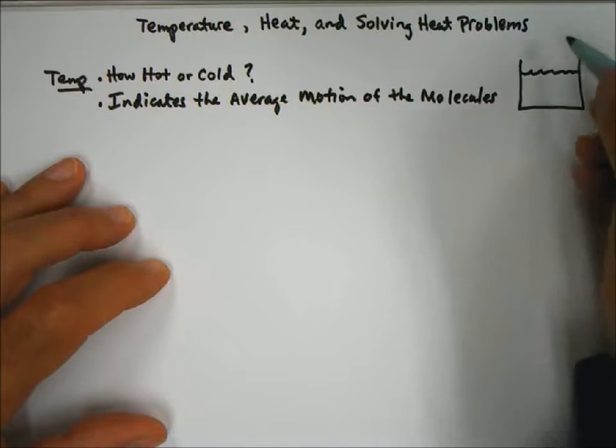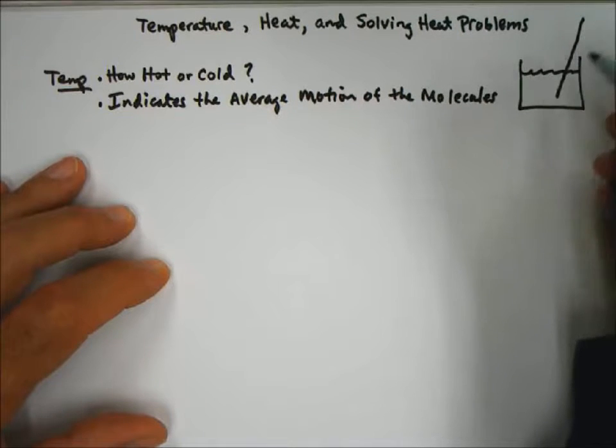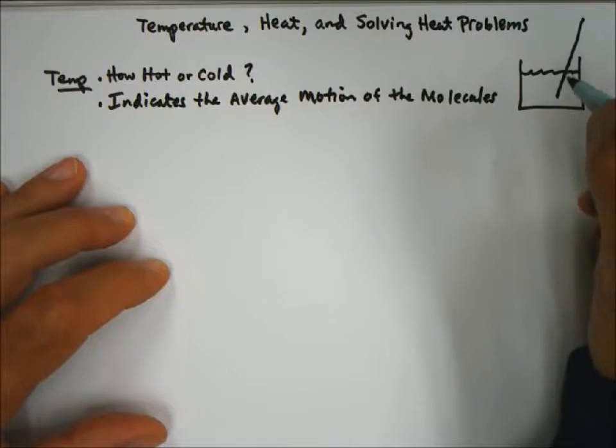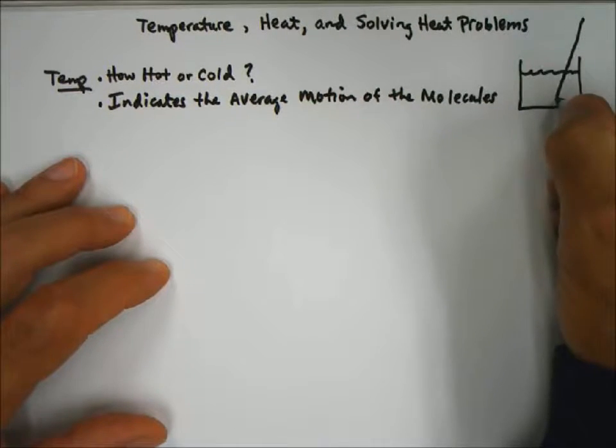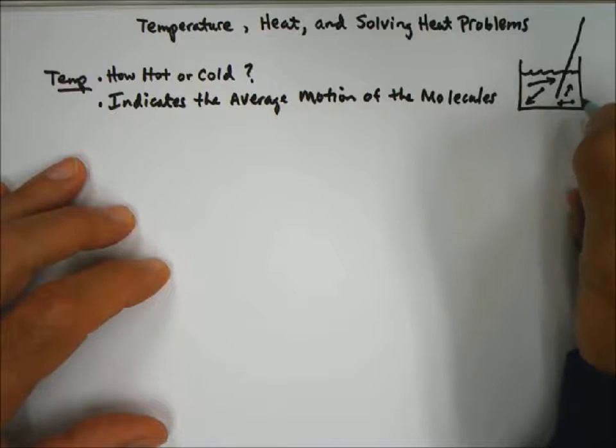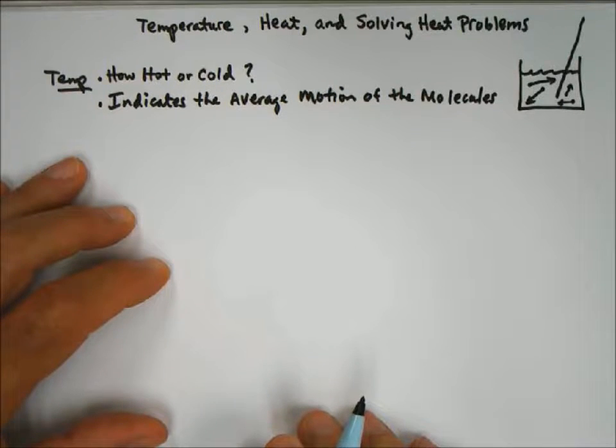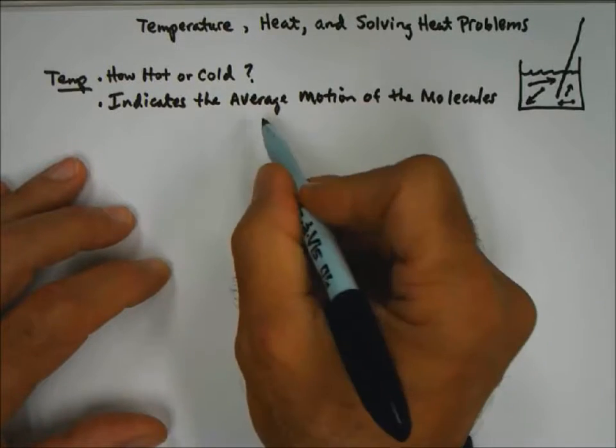So if we're taking the temperature of water, let's say here's the thermometer in the cup of water. What that thermometer is really doing is getting an indication of what the average motion is for the various water molecules that are moving around in that cup of water.